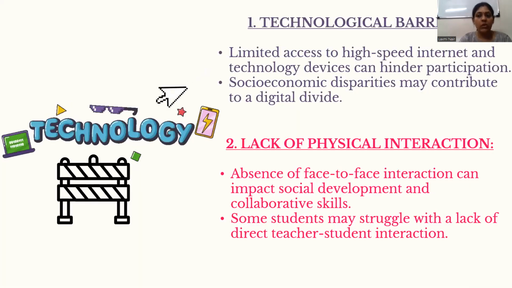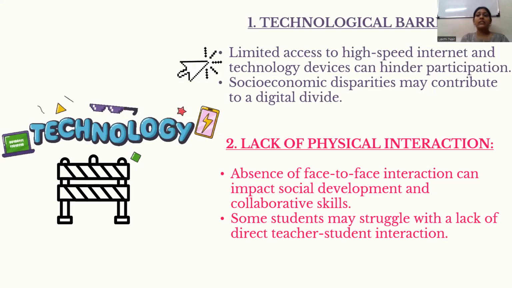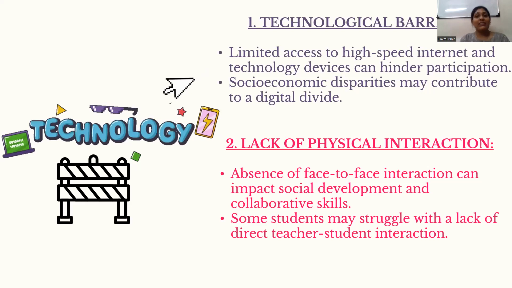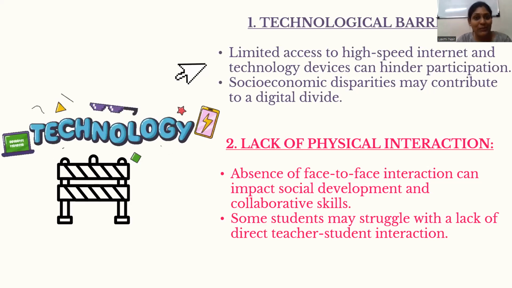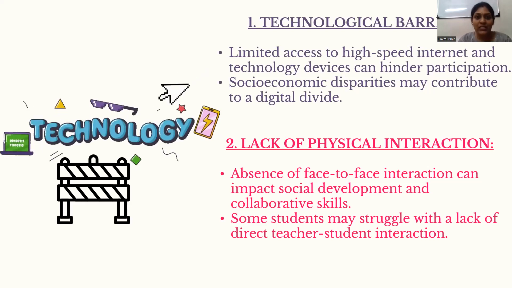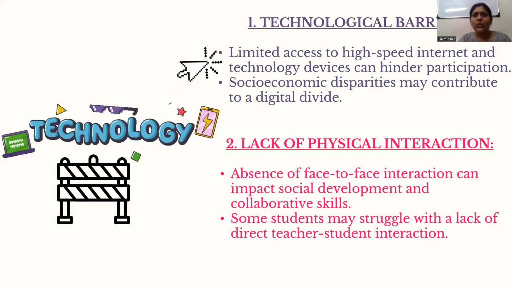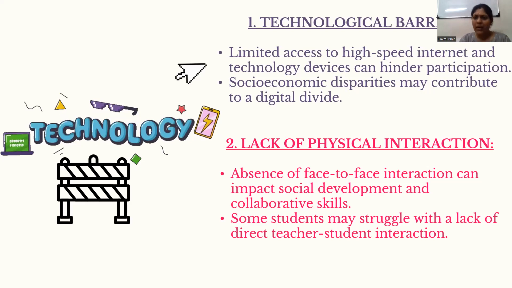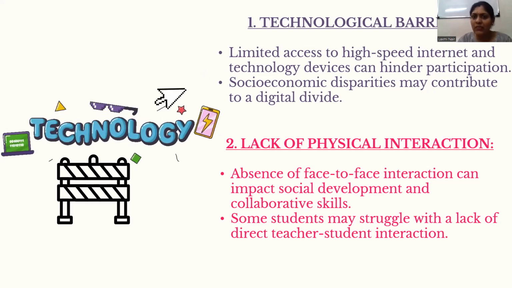So yes, when we talk about challenges, we understand there is something called technological barriers. We spoke about technological advancement some time back in advantages, but in the disadvantages, the first aspect itself talks about technological barriers. Where exactly are we hinting at?